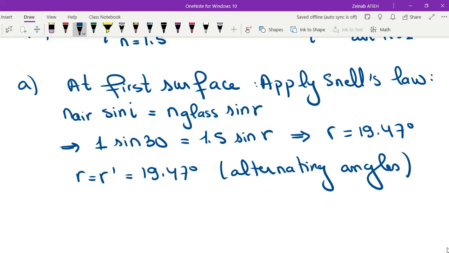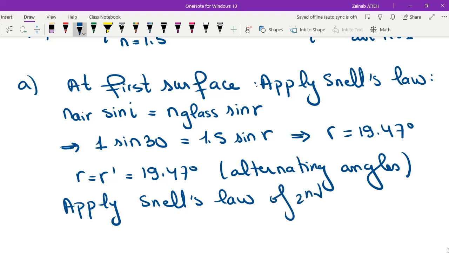Now let's apply Snell's law at the second surface.